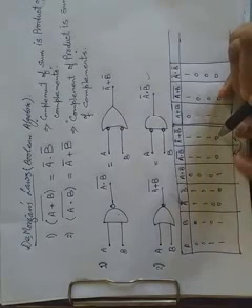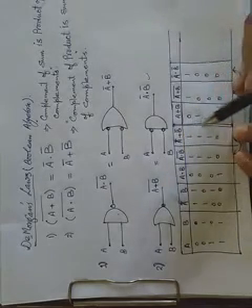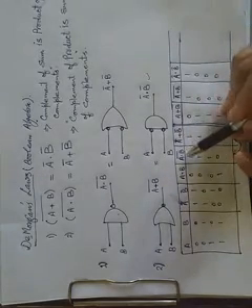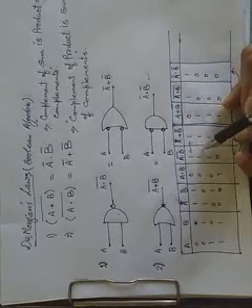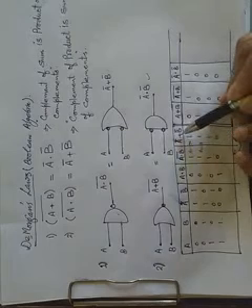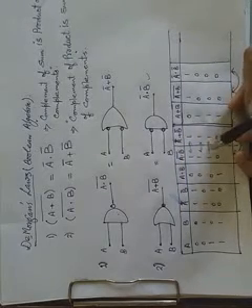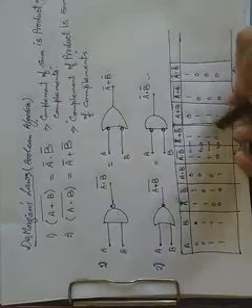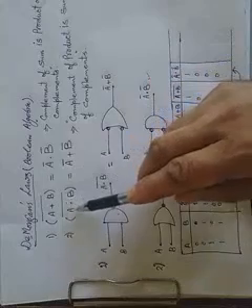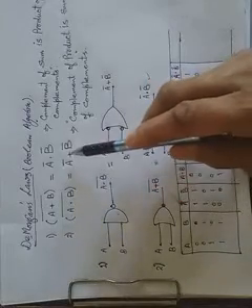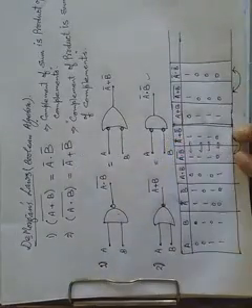What do we conclude from these two columns? Observe, the complement of A dot B is equal to the sum of the complements of A and B. Isn't it the same? So here we proved this theorem: the complement of A dot B is the sum of the complement of A and the complement of B.